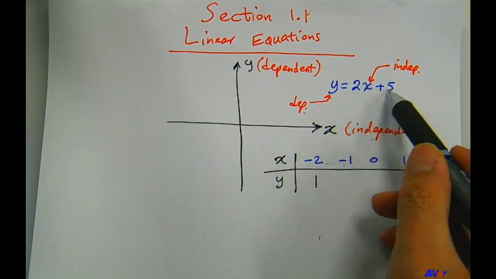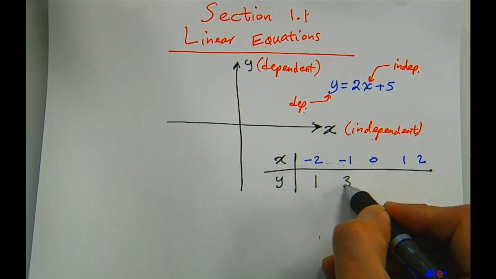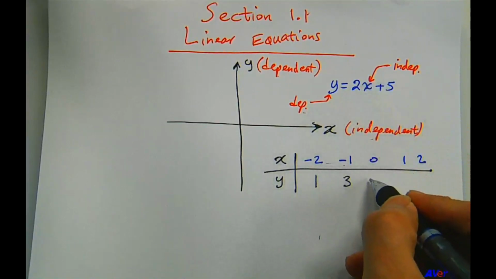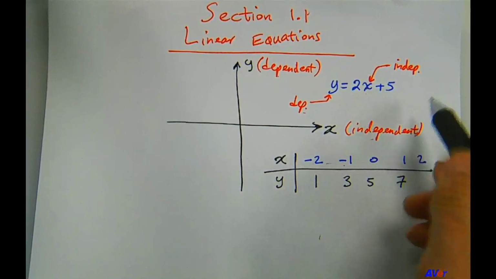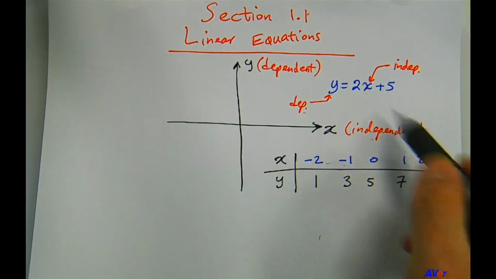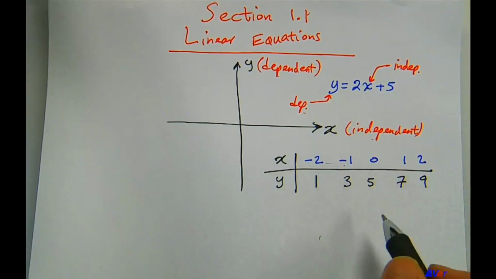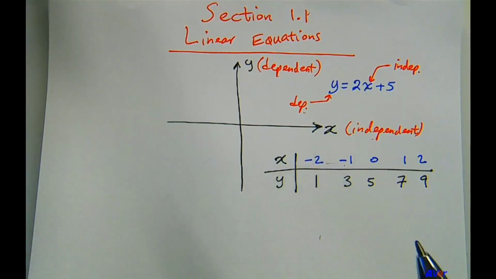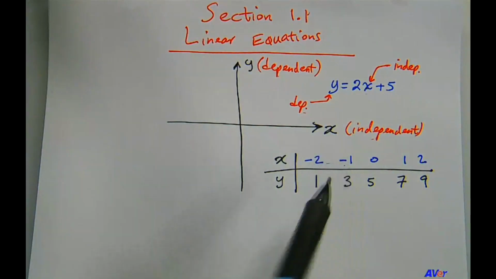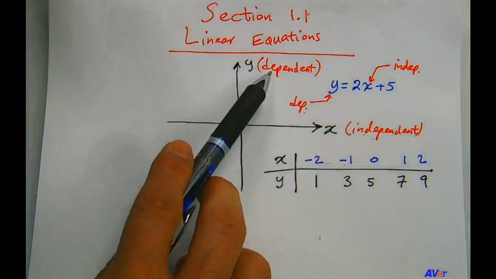For -1, we get 3. For 0, we have 5. For 1, we've got 7. And for 2, we've got 9. So here, you have three different representations of the same idea, which is the relationship between the independent and dependent variable.